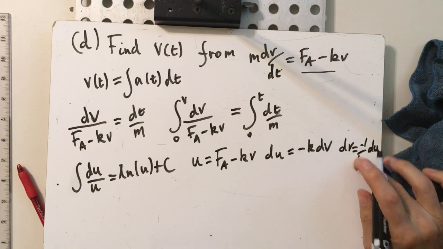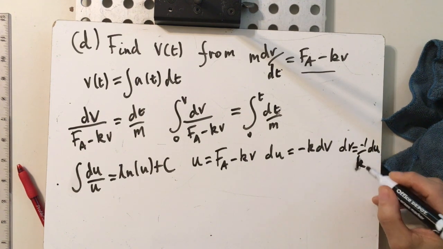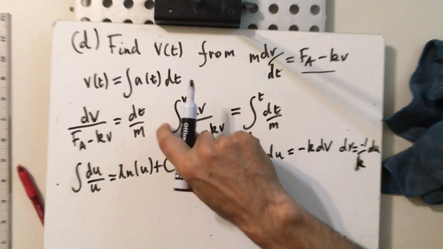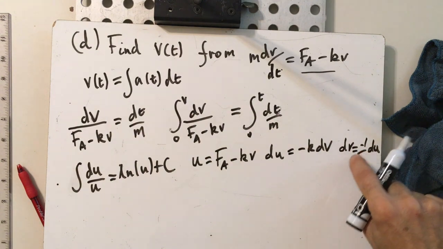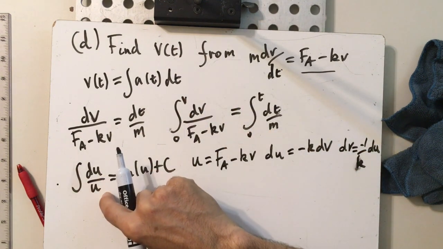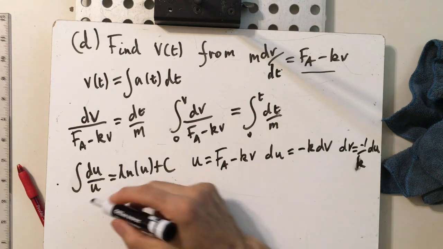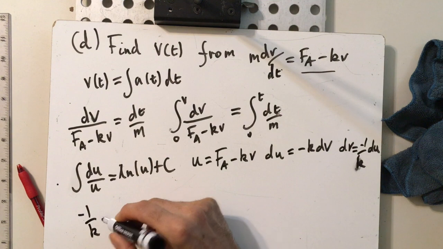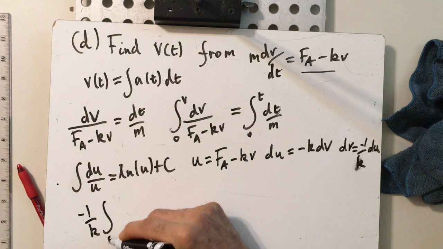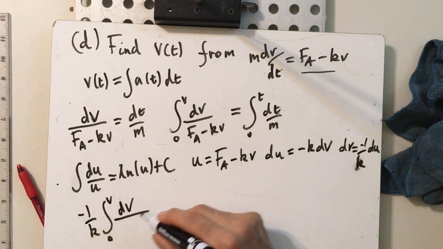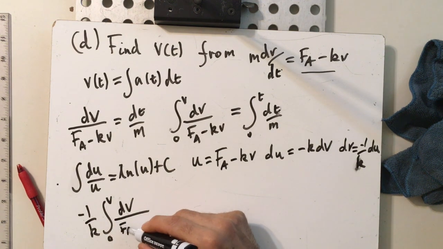That's a k. Sorry. So I need to put a negative 1 over k over here, and that will make this expression look like du over u. So I'm going to write that, negative 1 over k, integral from 0 to v, dv over our u function, which is F_A minus kv.